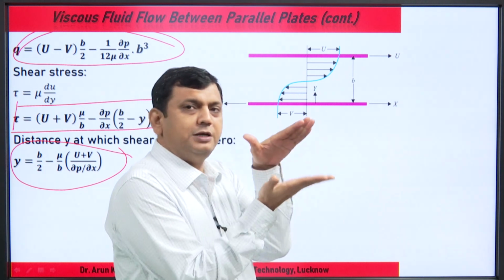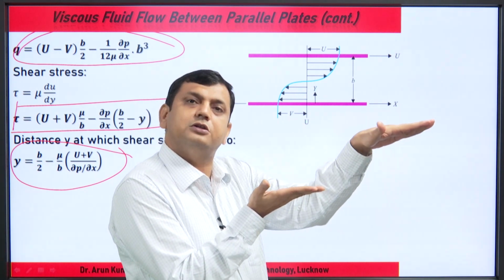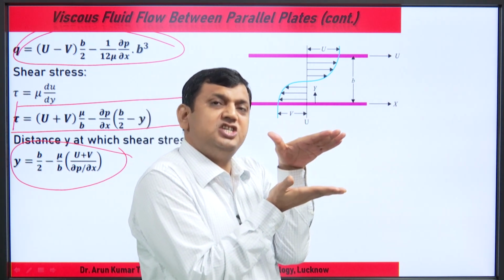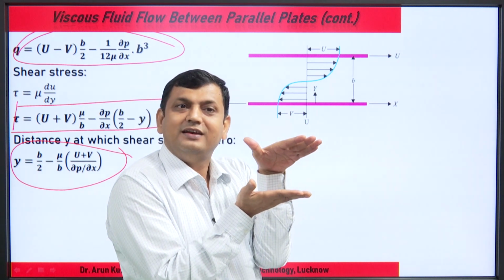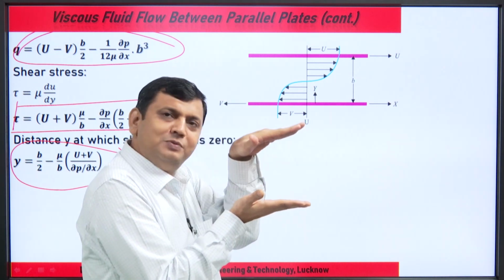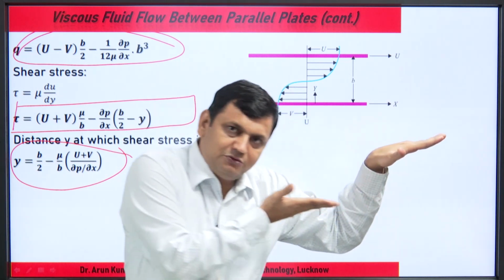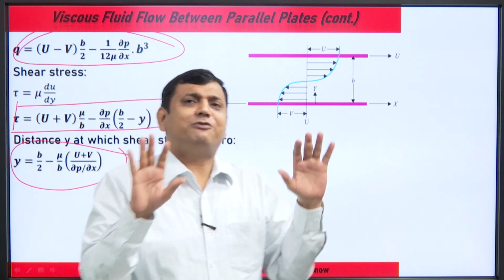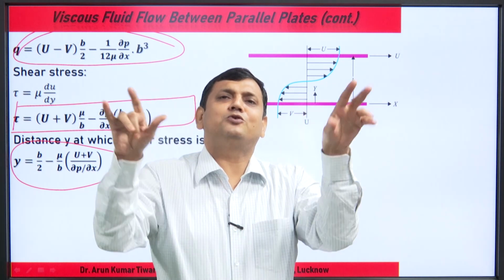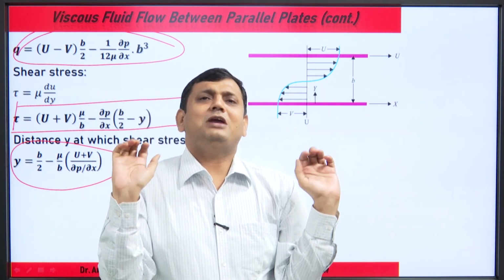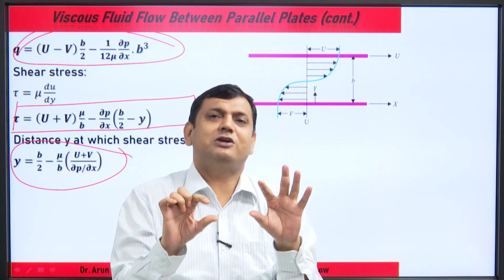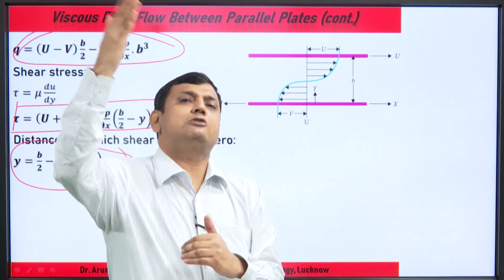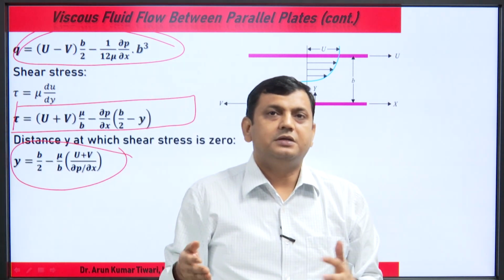What is the Couette flow? When one plate is fixed and another is moving, this is the Couette flow. Okay. When both are at rest, means both at stationary position. Third is when one is moving with velocity U and the other is moving with velocity V. So only the boundary condition is changing, the fundamental equation is common, u equal to 1 upon 2 mu. For both at rest, at y equal to 0 and y equal to b, velocity is 0.